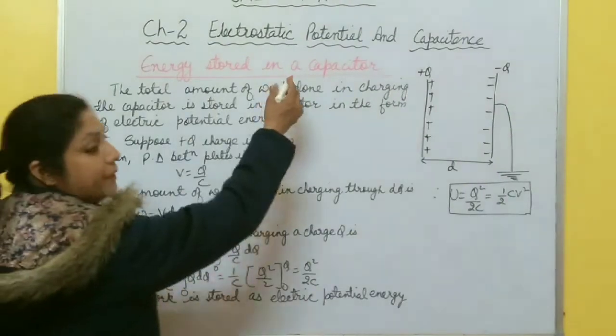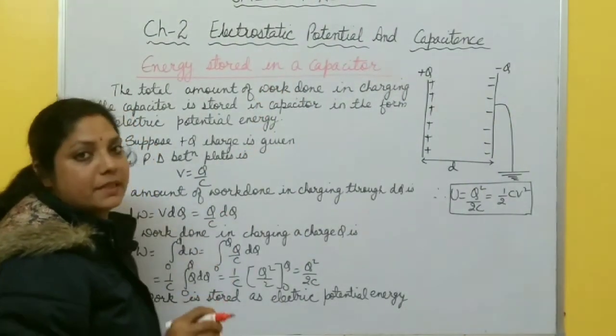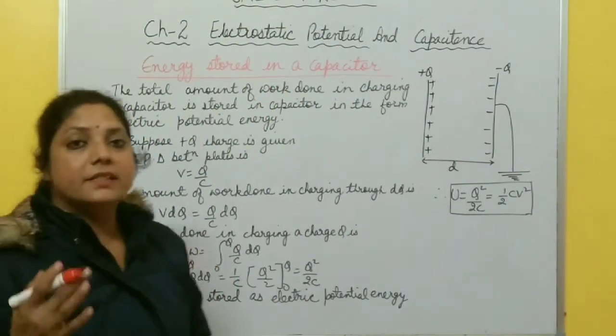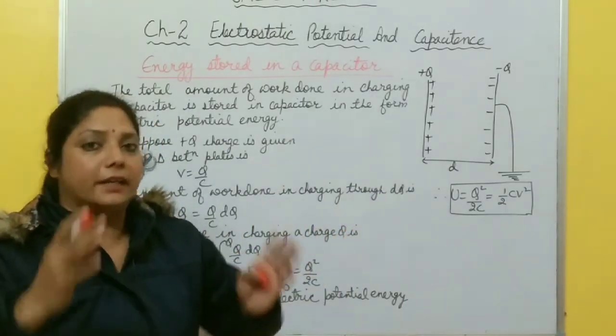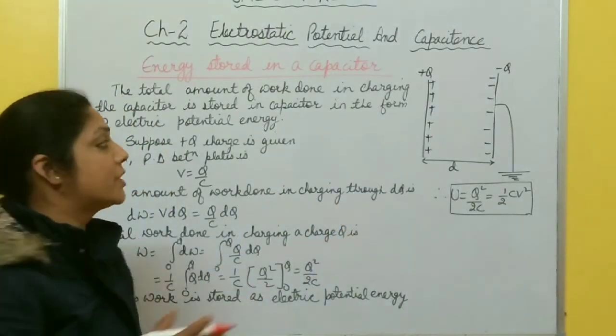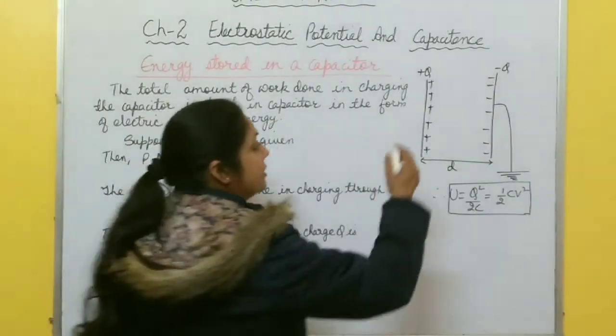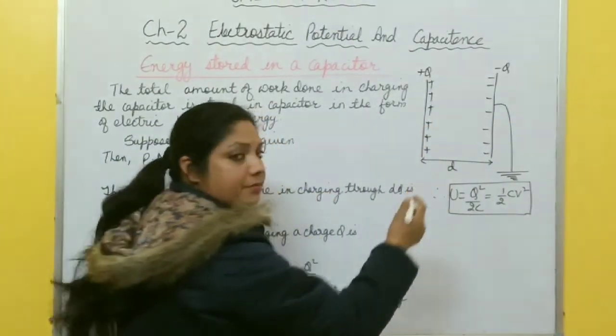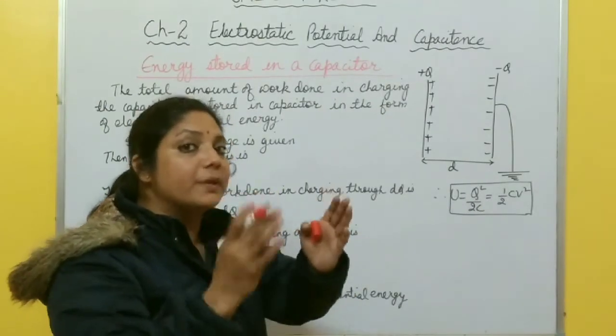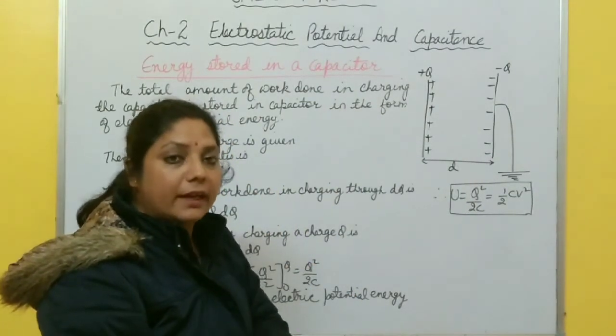Then the next important topic is energy stored in a capacitor. You know, a capacitor is a device to store charge and electrical energy. Then how much energy is stored by a parallel plate capacitor? To charge this capacitor, electric work is to be done by the charging battery, right?